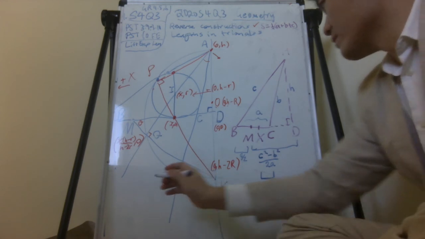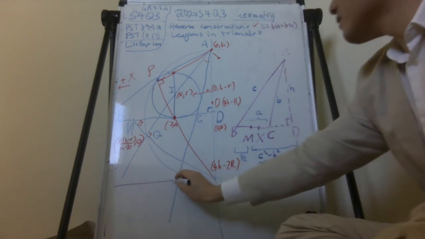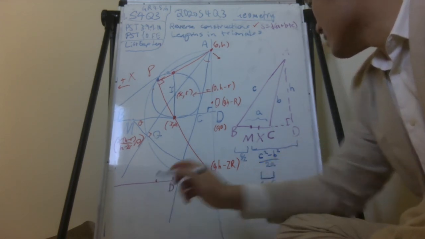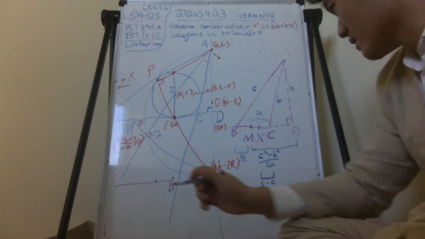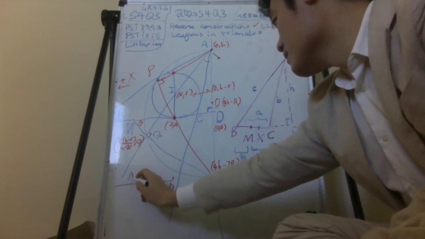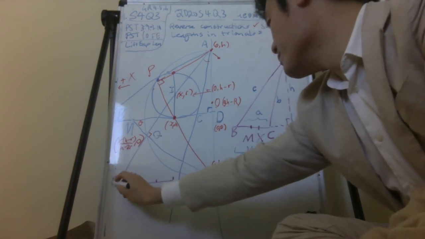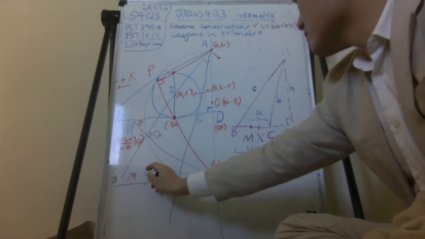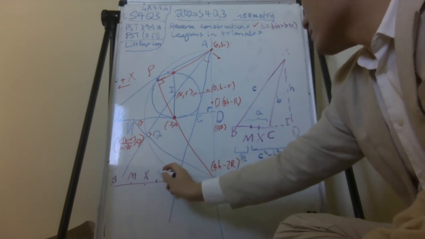I'll put the diagram over here. Is it always in this order? It's hard to tell depending on the size of these things. B, X, C.